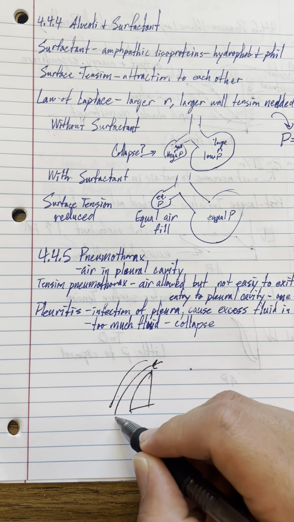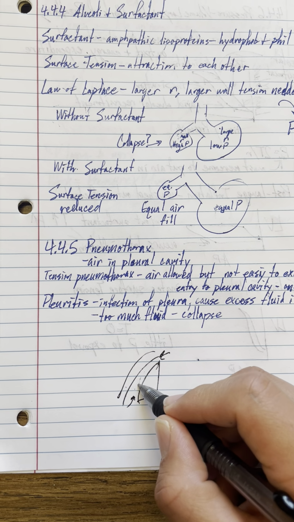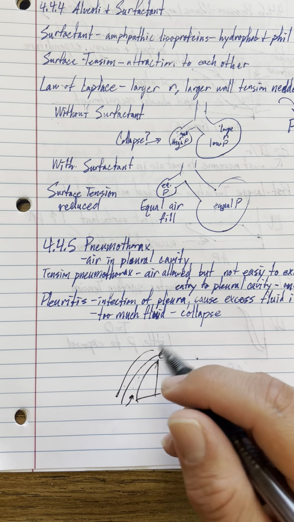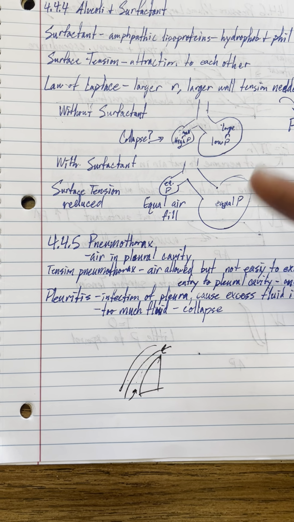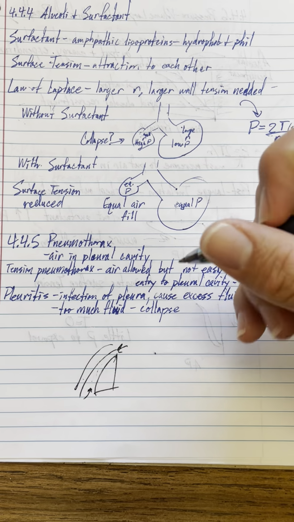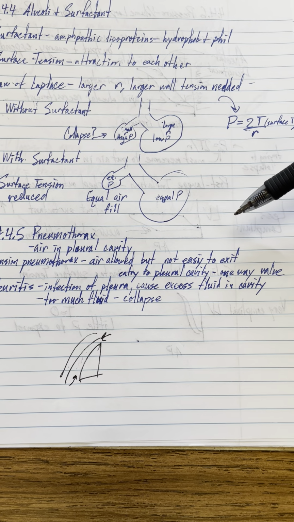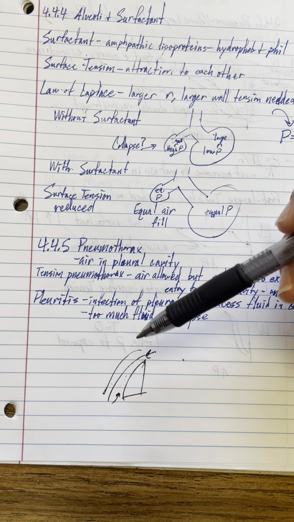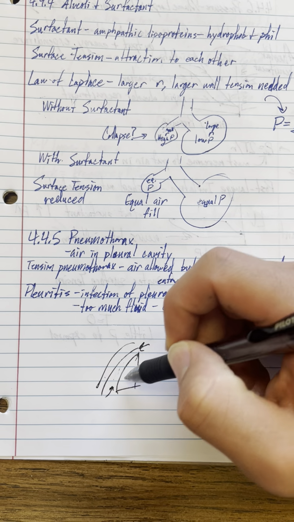What happens is air gets into this cavity and the negative vacuum pressure isn't pulling so much on the lung, so your lung is going to deflate because it doesn't have a vacuum effect to pull it out again. Another way this can happen is if a lot of liquid enters into this cavity too.